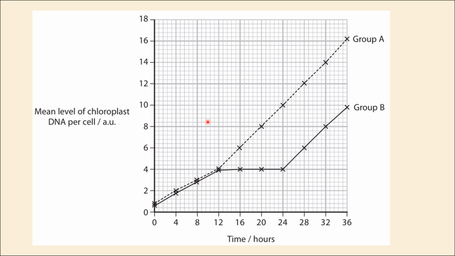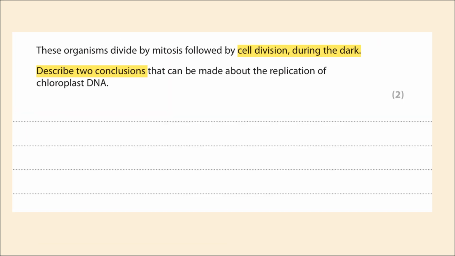Here you can see the graph. It's essential to examine the question before analyzing the graph. The question notes that this organism undergoes cell division through mitosis, but cell division occurs only during dark periods. And this detail is critical because it implies that cell division is timed with periods of darkness, separate from chloroplast DNA replication.